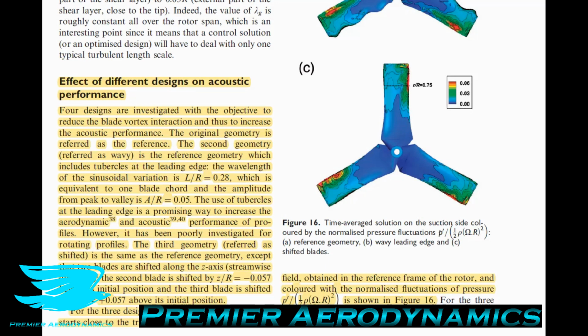The second blade is shifted by z/R in the z-axis compared to the span of minus 0.057 below its initial position, and the third one is shifted to 0.057 above. So in other words, one's at the same height, one's pushed a little bit lower, one's pushed a bit higher.